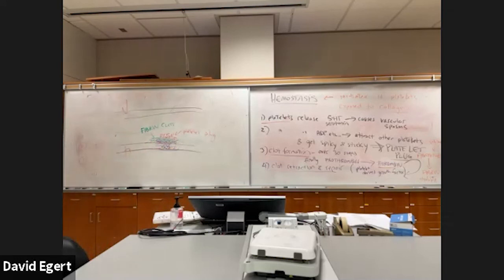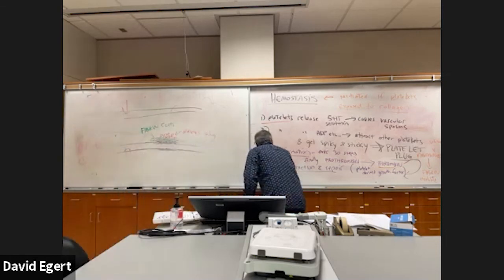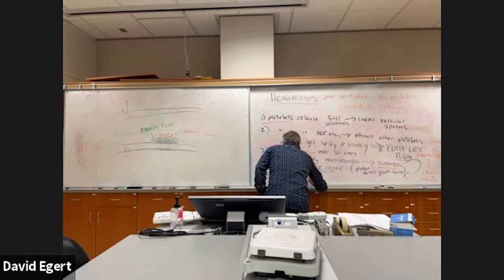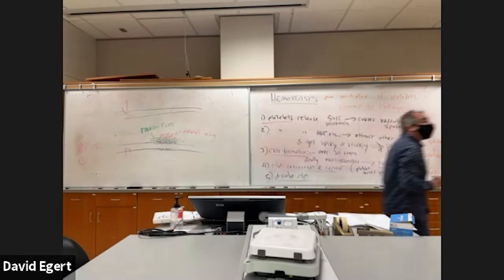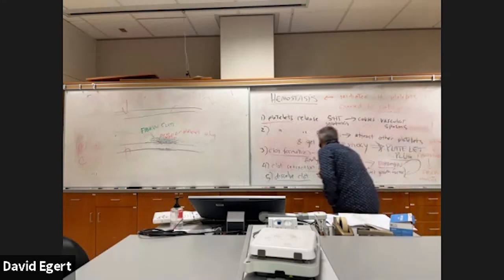Once the vessel wall is complete and healed, the very last stage is to dissolve the clot. We don't need that big vibrant clot there anymore. So part 5 is to dissolve the clot. That is the job of yet another enzyme created from one of these plasma proteins. There's a plasma protein called plasminogen, which becomes plasmin, which dissolves the clot.